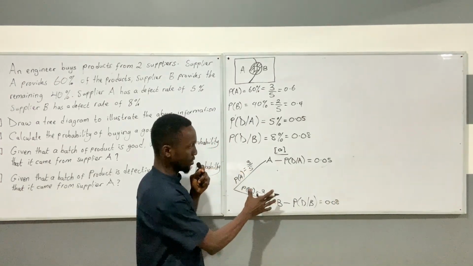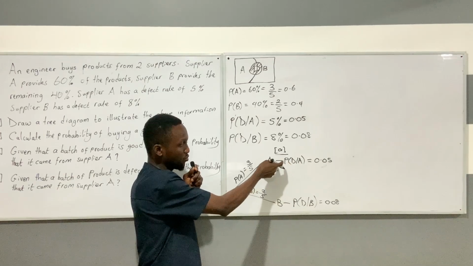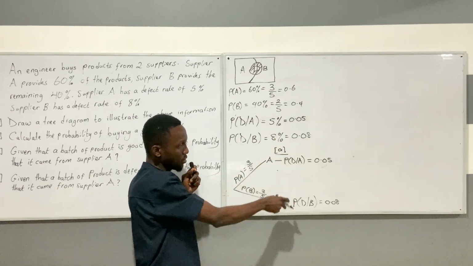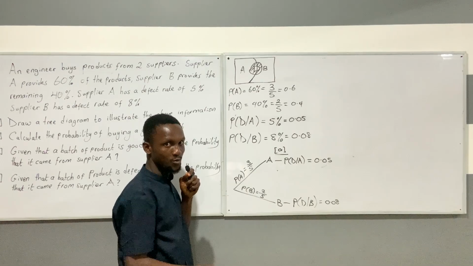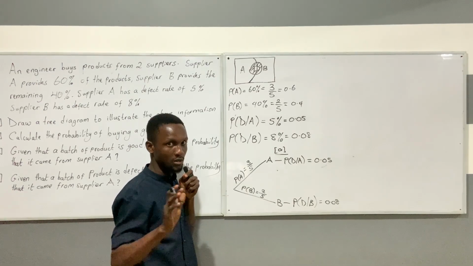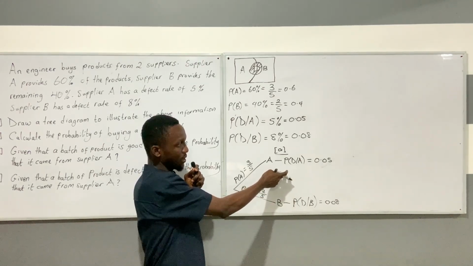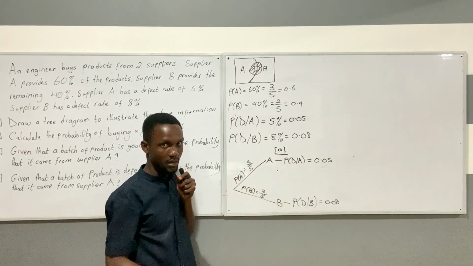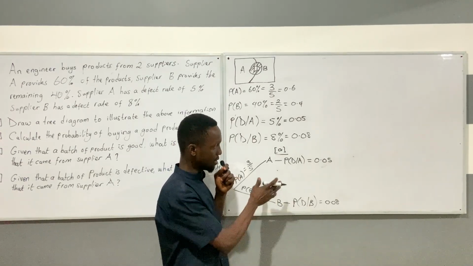So I think you can present this to the examiner as your tree diagram. You can also decide to branch this into two. When you subtract this defect rate from 1, you get the products that were non-defective, and you can write it there. That will give you the probability of good product given A. You can use G to represent the good product, but there's no need for that.